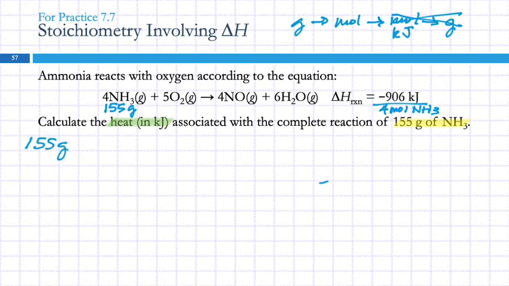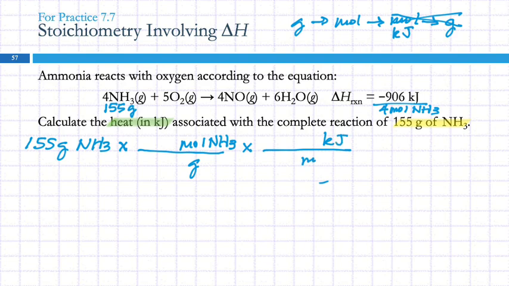155 grams of NH3. I'm going to convert that to moles of NH3. And then I'm going to convert that to kilojoules, and I'm going to divide by moles of NH3. I need the molar mass of ammonia.